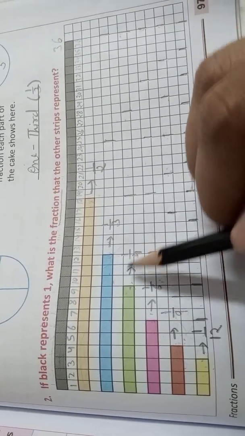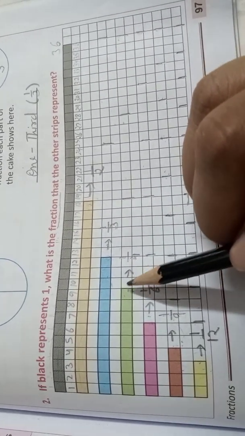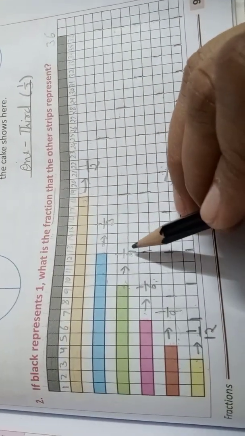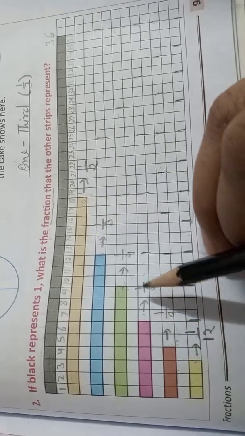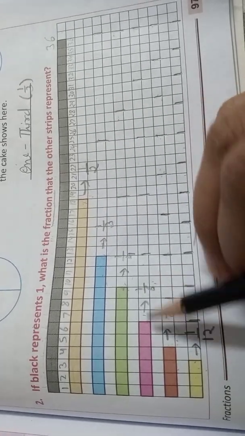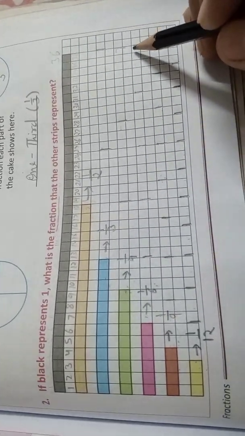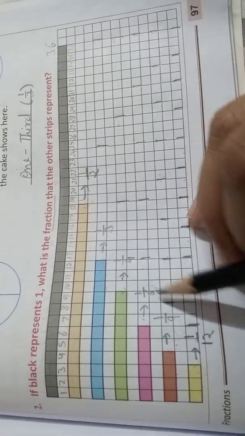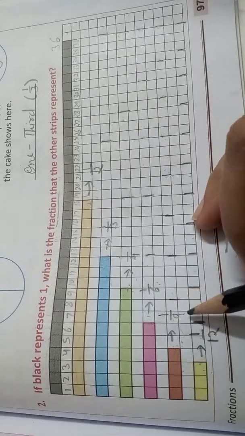So you will get 4, means 4 times we can make 9. 1 time, 2 time, 3 time, 4 time. So this is a 1/4 part of this. The same way, it is a 1/6 part of this whole. This is the whole, and this pink part is only 1/6 part. This red part is 1/9 part, and this yellow part is 1/12 part.